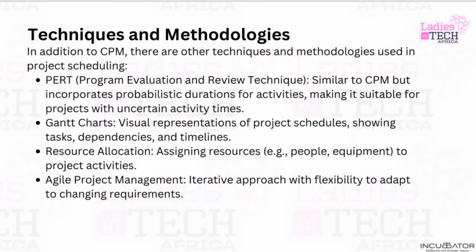So we have techniques and methodologies from the last class, which we spoke about. In addition to CPM, there are other techniques and methodologies used in project scheduling. We have PERT, which is Program Evaluation and Review Technique, similar to CPM, but it incorporates probabilistic durations for activities, making it suitable for projects with uncertain activity times. What we explained was that PERT can be used for projects that are not really time bound.